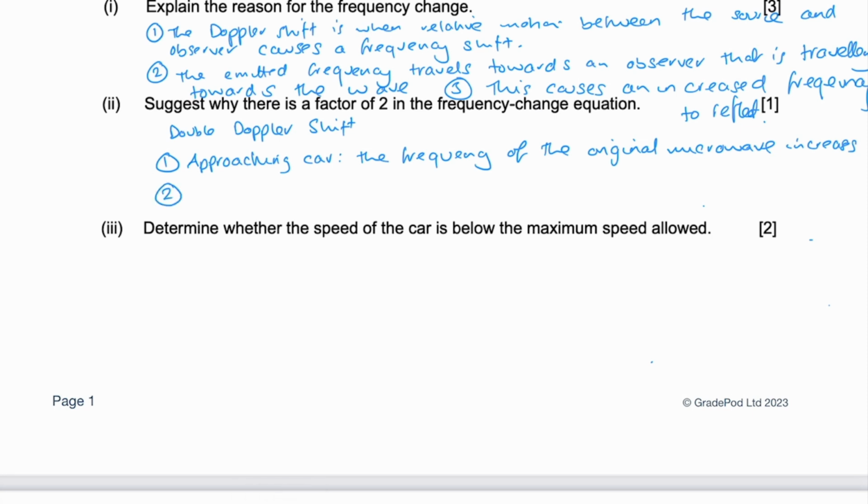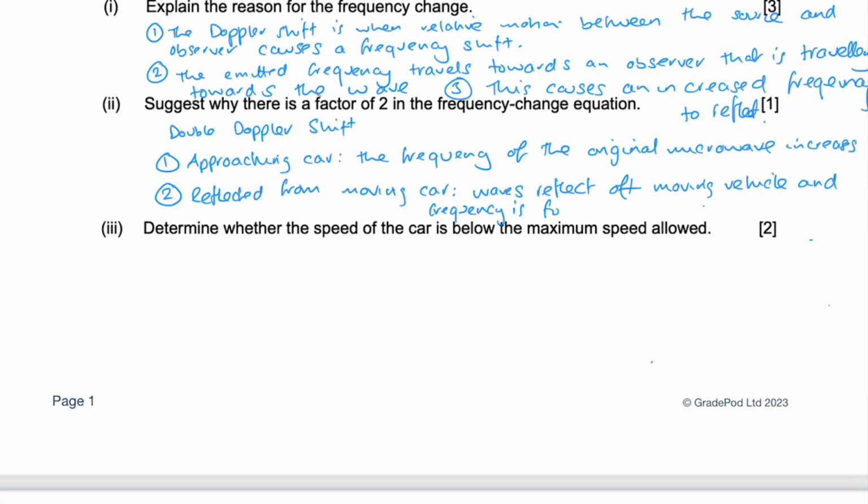And then the second Doppler shift is the reflected from the car, reflected from moving car. And the effect that has is waves reflect off moving vehicle, and frequency is further altered or further increased.